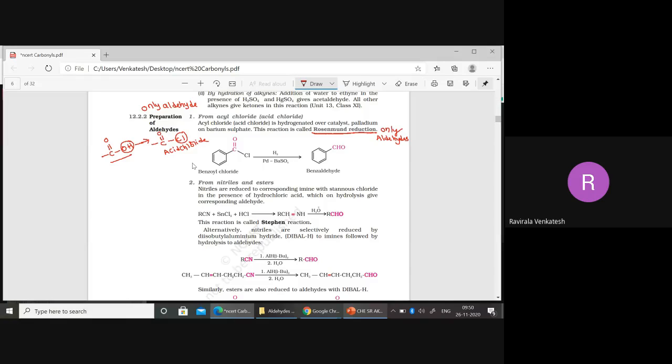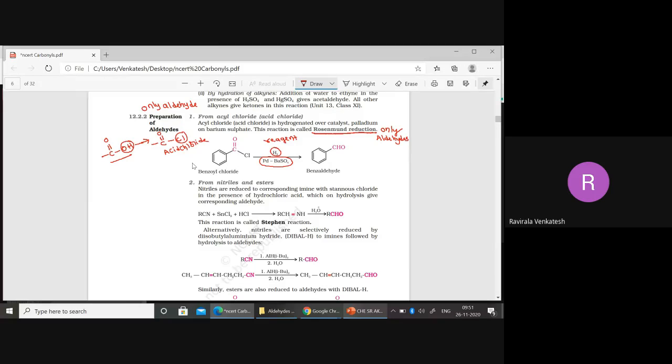Next, what is the reagent? Hydrogen in presence of palladium barium sulfate, which can also be called Lindlar's reagent. Hydrogen, palladium, barium sulfate is the reagent for us. What is the reactant?